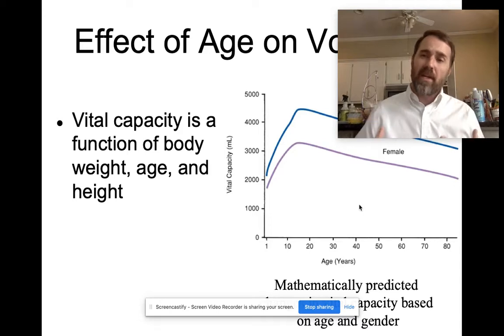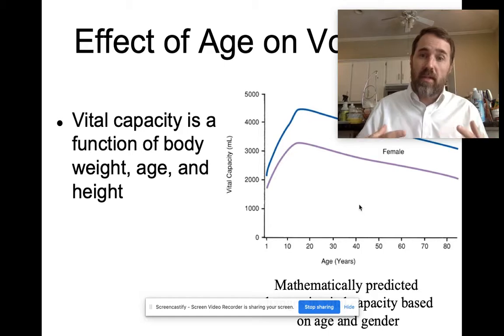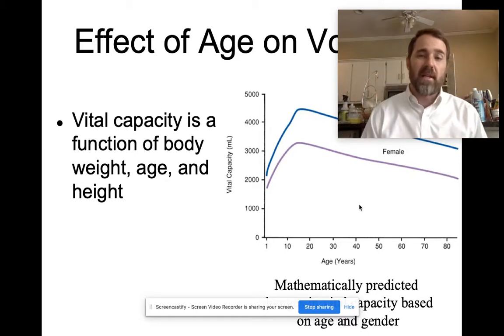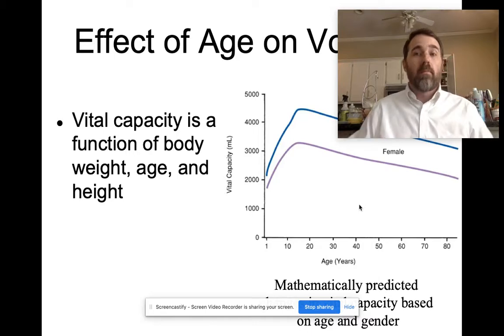Also, the more weight you have on your body, the more difficult it is for your body to displace that weight for a vigorous inspiration. So the more weight you have on your body, the lower your vital capacity becomes. The less weight on your body, the greater your vital capacity is.